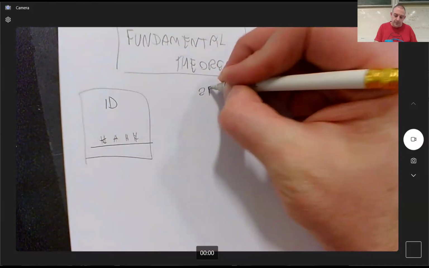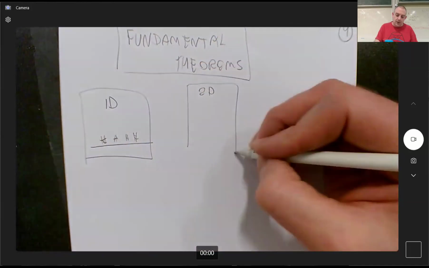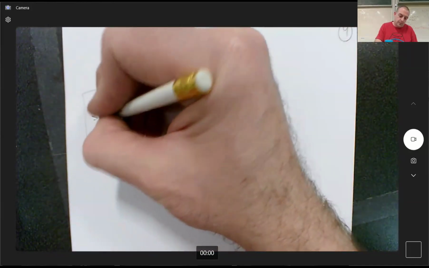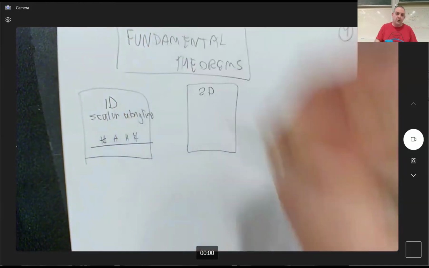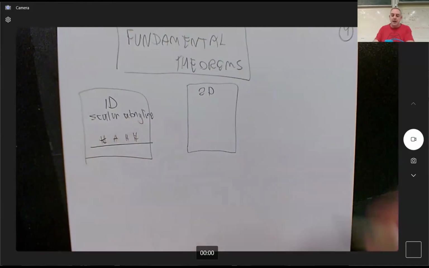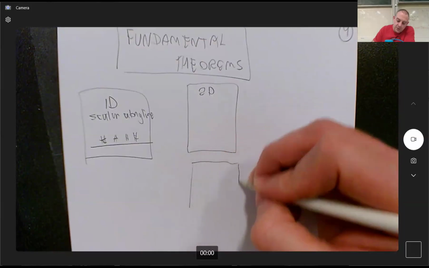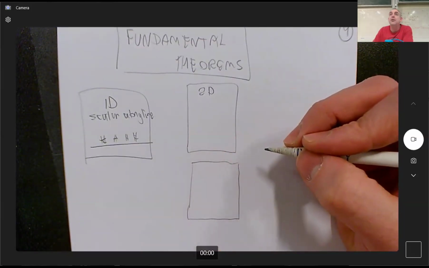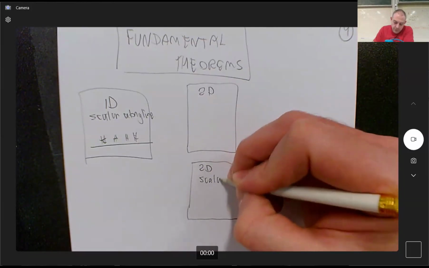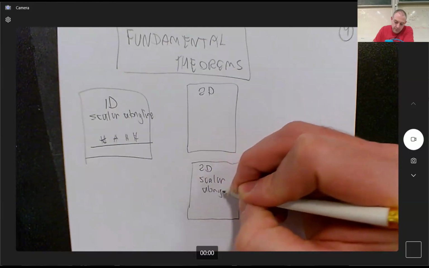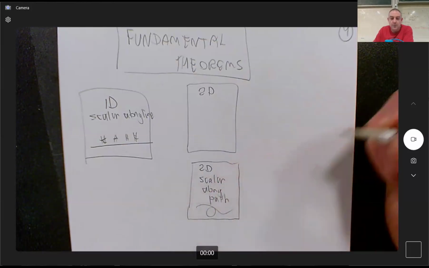And in 2D, there are 3 integrals you can do. So in 1D, there are just scalar functions along a line. In 2D, there are still scalar functions along a line, but the line doesn't necessarily have to be straight, right? A scalar function along a path, and that path could be anything.